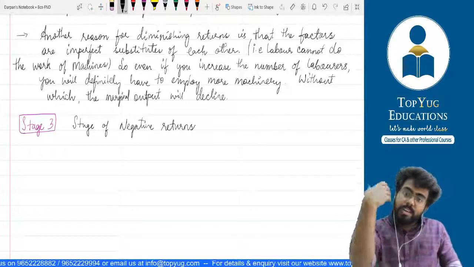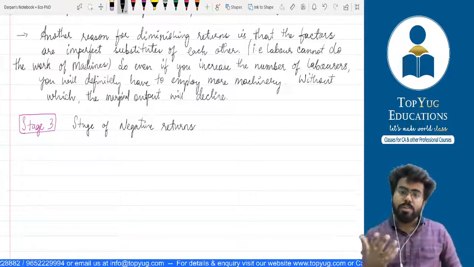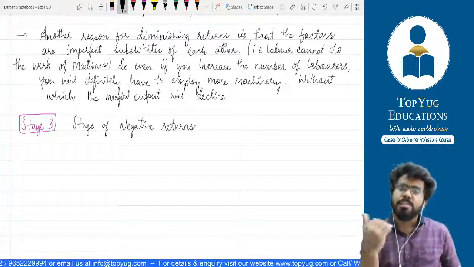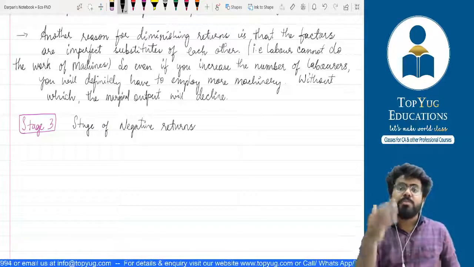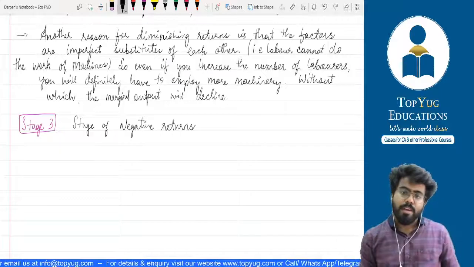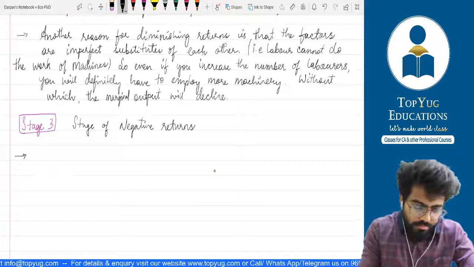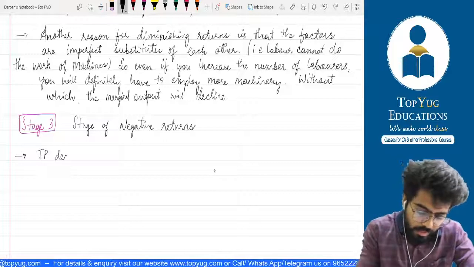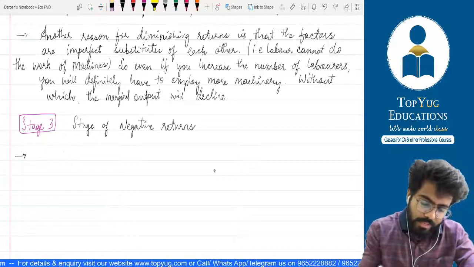MP has turned negative, right? MP, marginal product itself, has turned negative, and because MP is negative, what will happen to total product? Total product will start to decrease, right? So write down TP, sorry, first write about MP.